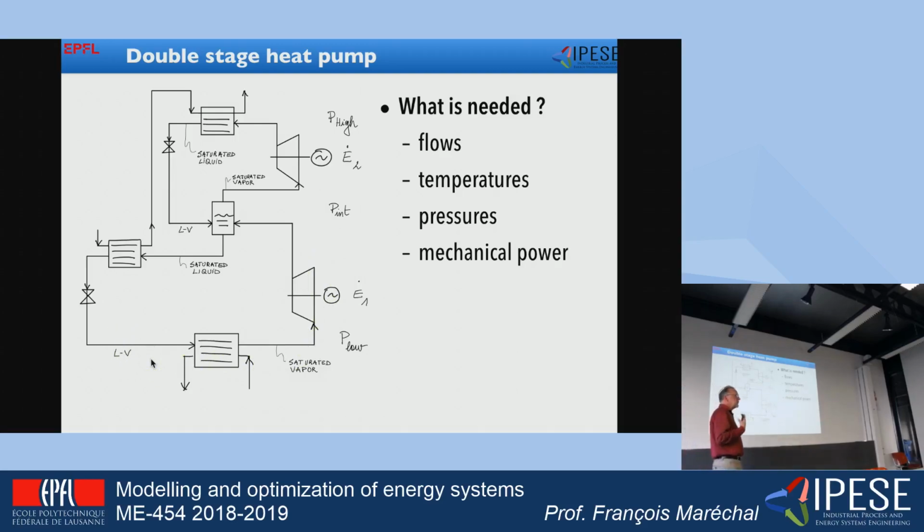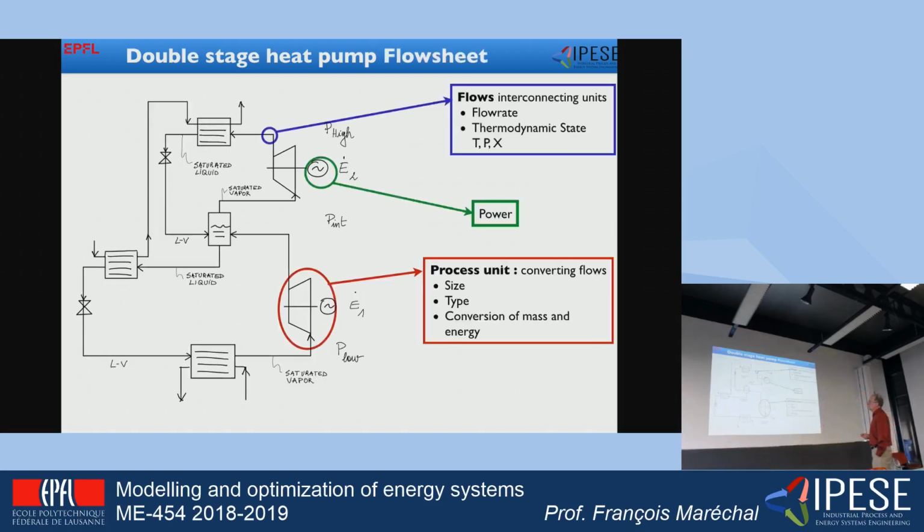This allows me to introduce what is first a flow sheet. Okay? And a flow sheet is, in fact, a list of process units. So you have here a heat exchanger, you have here a compressor, you have here a liquid vapor separator, you have here a valve, okay, which are interconnected by flows that are indeed in pipes, if there are material flows.